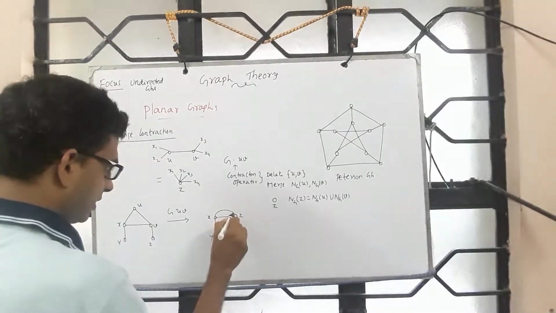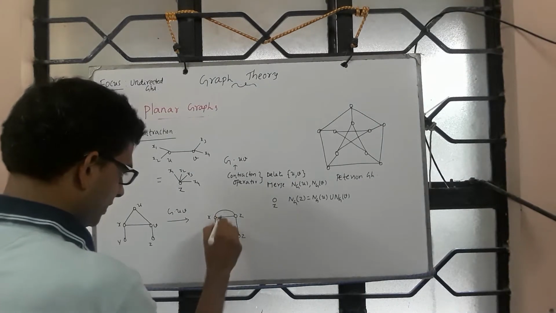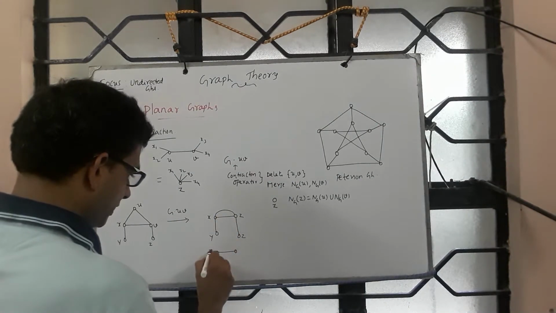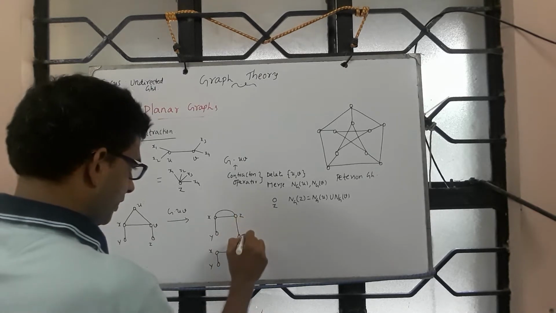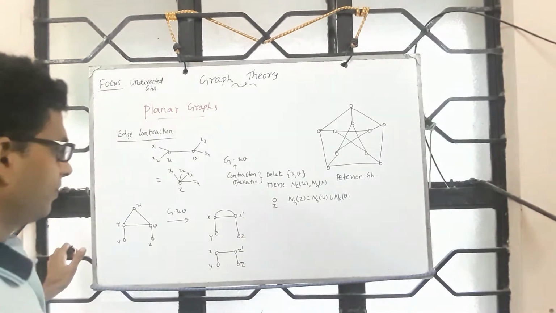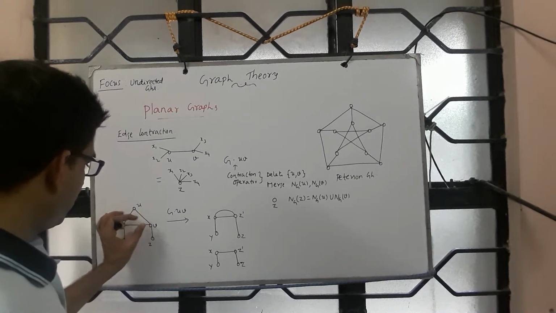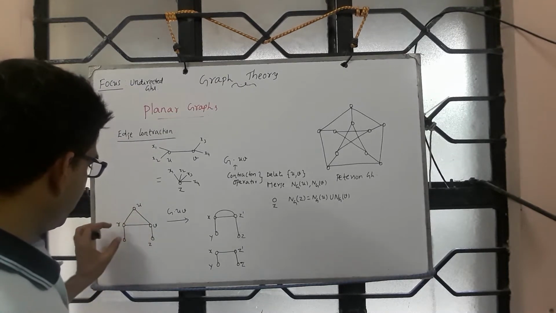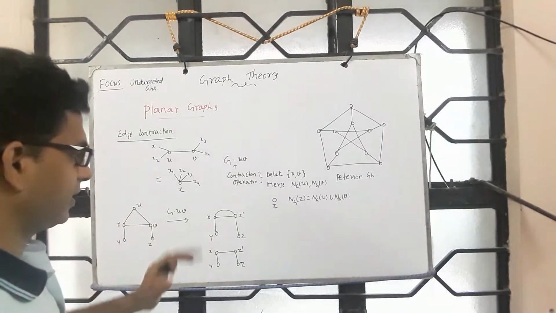But because the graph is simple, we drop this edge, we draw the edge XZ exactly once, and all other neighborhoods are unchanged. Okay, Z is already there, let me call it Z prime. So now on contracting these two and other neighborhoods remaining the same, the neighborhood of U and neighborhood of V will be at Z prime now.